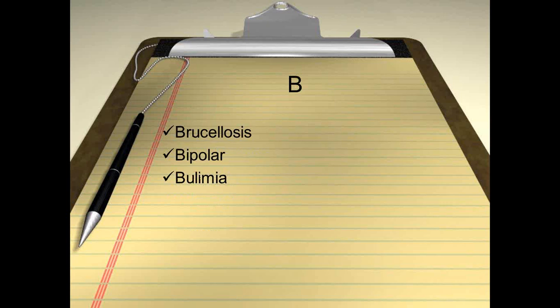So in B, the top one I put was brucellosis. I put that down because early on in the diagnosis and research on chronic fatigue syndrome, brucellosis was considered to be a front runner for one of the causes of chronic fatigue syndrome.